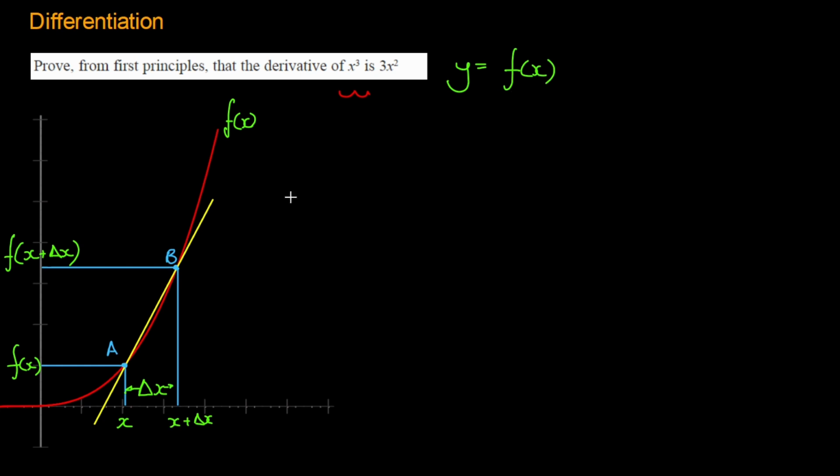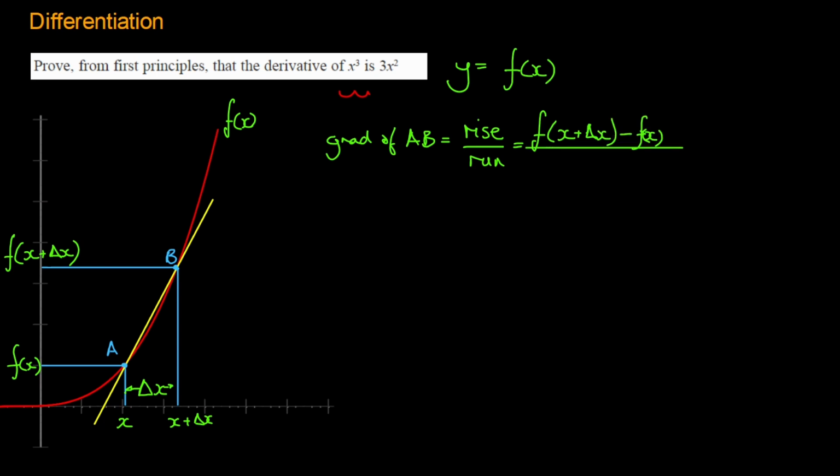So the proof goes in exactly the same way: the gradient of AB is equal to the rise over the run, and this is equal to f of x plus delta x minus f of x, all divided by delta x. And again, this is a perfectly good definition of the gradient of AB.